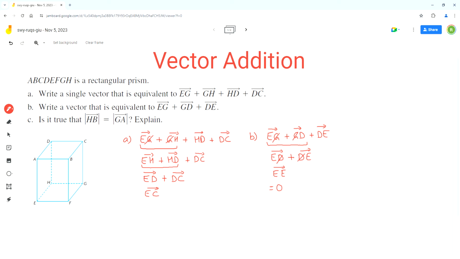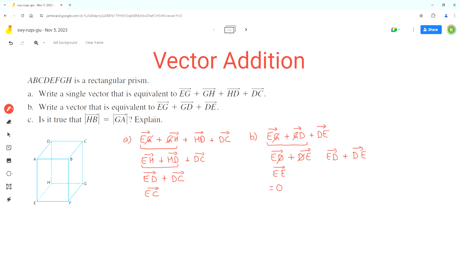Another way to analyze this is that when we add vectors ED and DE, they are opposite of each other. They are the same vectors, but opposite of each other.